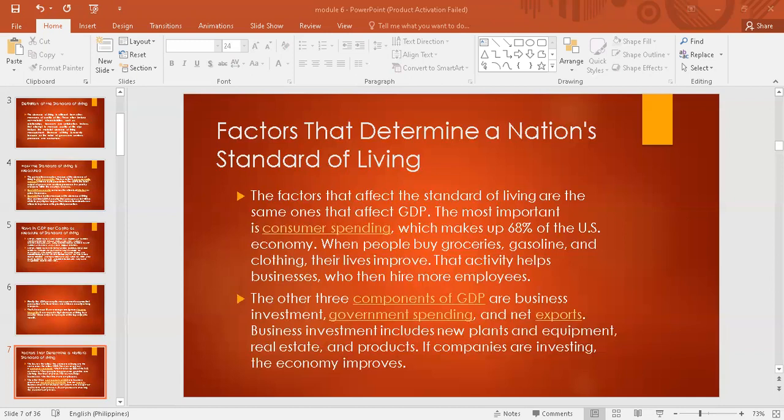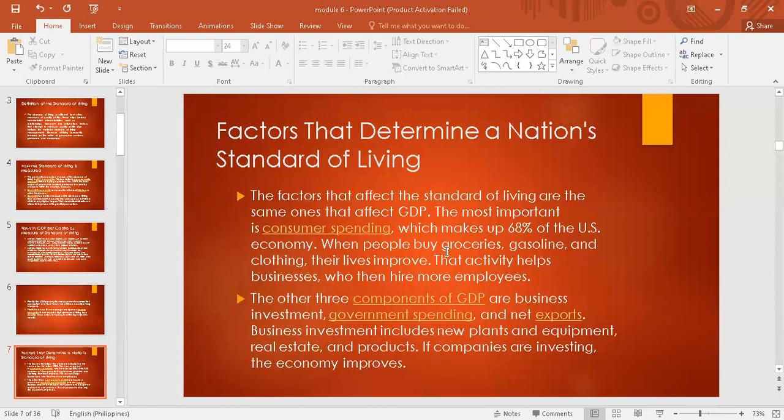Okay? Umiikot yung pera, may pambili ang mga tao. May pambili ang tao. Ibig sabihin, ang ekonomiya ay healthy, ang isang society ay healthy kapag ang tao ay nag-i-spend. Hindi nila tinatago yung kayamanan or pera nila.